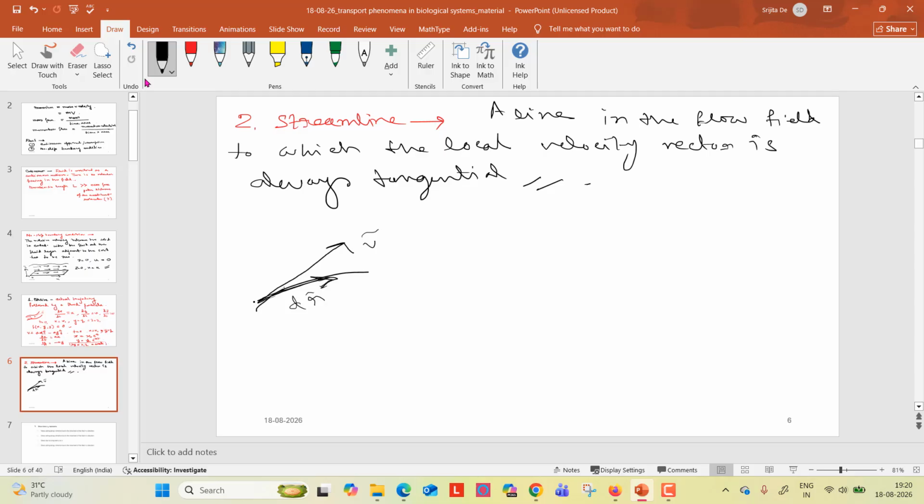It doesn't matter what flow field we draw; it has a direction, and the velocity vector is always tangential to that. From there we can conclude that dr cross v equals 0. These are obviously vectors. Because the velocity and the line element are always tangential, their cross product will always be 0.